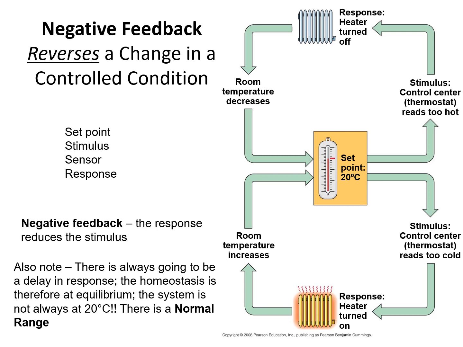What's going to happen is your radiators or your furnace are going to come on, and that's going to increase the temperature in the house. When it gets back up to our set point, which is 20 degrees Celsius, the radiators or furnace should shut off. And that'll keep happening. The house will keep cooling, and this will keep happening, and the temperature will stay at 20 degrees.